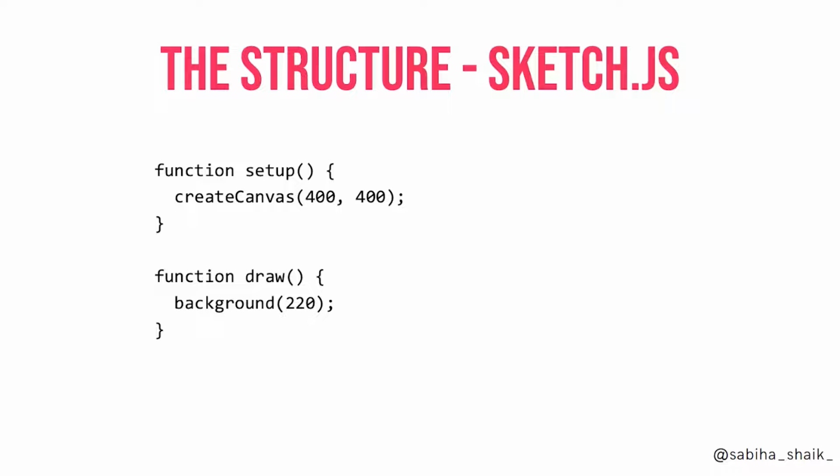Now that you have a better understanding of how the overall structure looks like, let's take a look at sketch.js in depth. When you open the online editor, you're going to have the following snippet already displayed. The code has two sections. First is the setup, and the second is the draw. The lifecycle of a p5.js sketch works something like this.